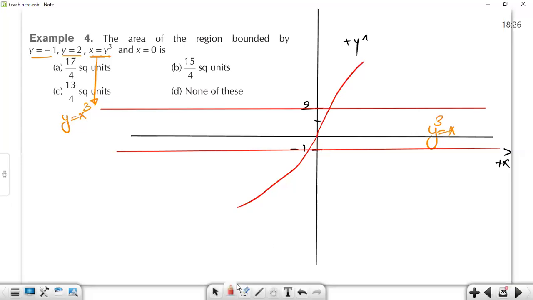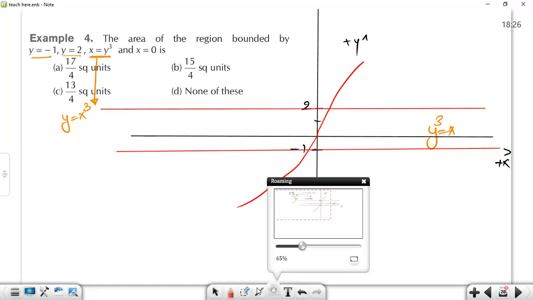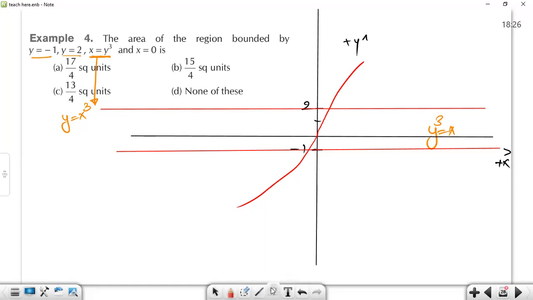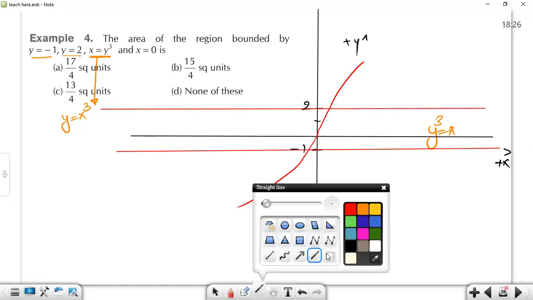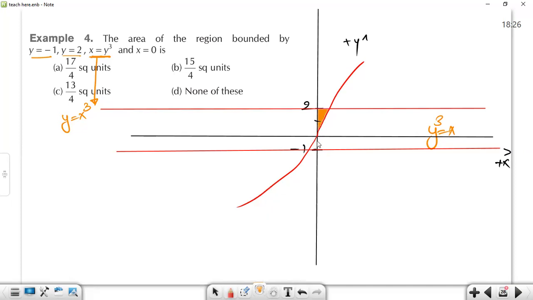Okay, somewhat like this. So now the area which we are concerned about is that we have to find the area bounded by this line, this curve, and this y-axis, as well as the area bounded by this curve, this line, and the y-axis. So these two areas we have to find out.